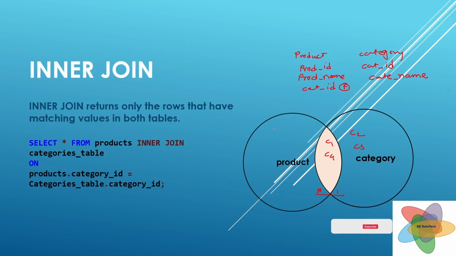And the products have foreign key category IDs like C10, C11, C1, and C4. If we apply the foreign key constraint, the database will not allow C10 and C11, because if a foreign key value like C10 is not available in the category table, it will not allow it.